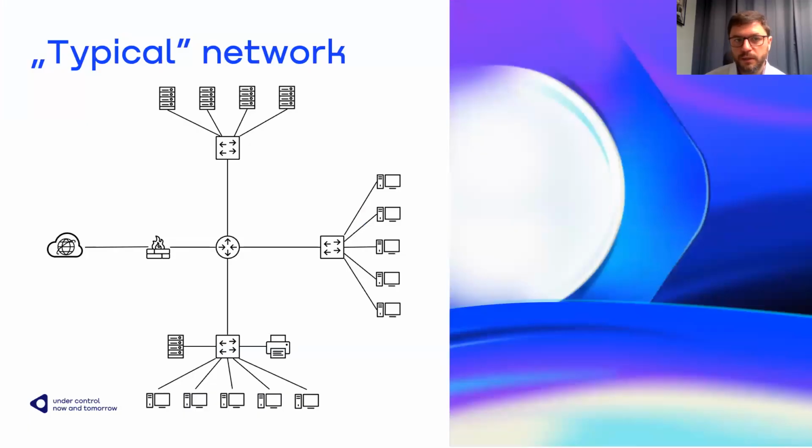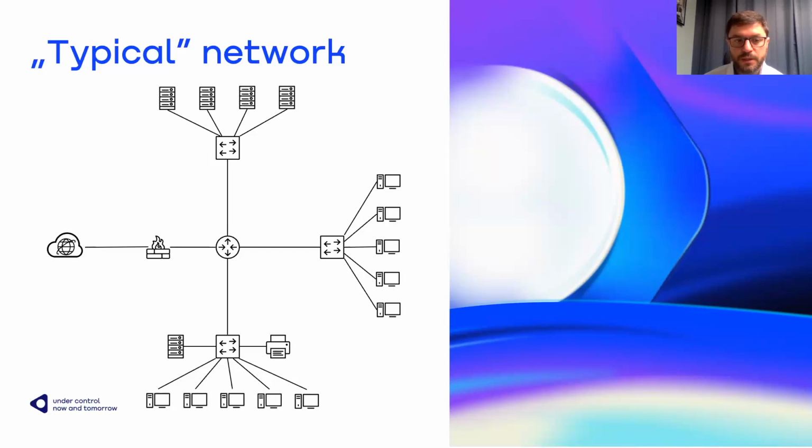But let's see how the typical network looks like. We've got few main network devices like main router, main firewall, a few switches in the network. We've got the network segments. We've got a few, maybe there are VLANs, or they are separated in a different way. We've got many different types of device in the single network segment.